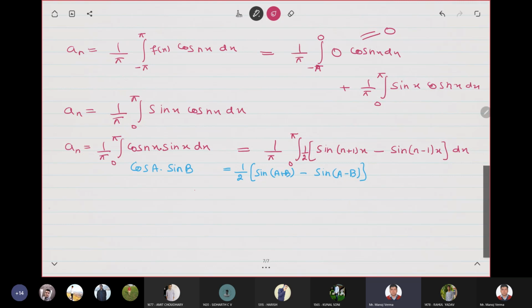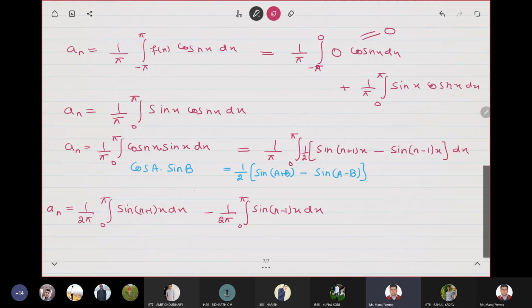So if I integrate this expressions, it will be 1 over 2 pi, 2 I am taking outside, 1 over 2 pi integral of 0 to pi sin (n plus 1)x dx minus 1 over 2 pi 0 to pi sin (n minus 1)x dx. Okay, so it is up till this point. This is very simple till now.